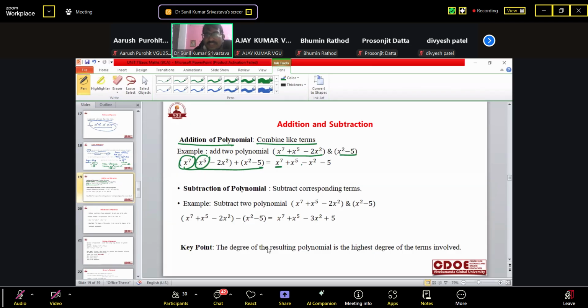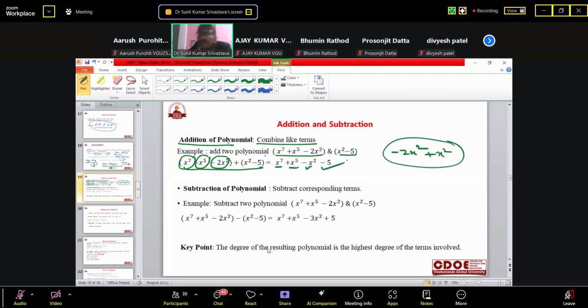Here x^5 is present, but it is not in the second expression, so it is written just the same way. But in the third, minus 2x^2 is here, and also written is x^2. So combine these two like terms: minus 2x^2 plus x^2 is equal to minus x^2, and the answer is that.